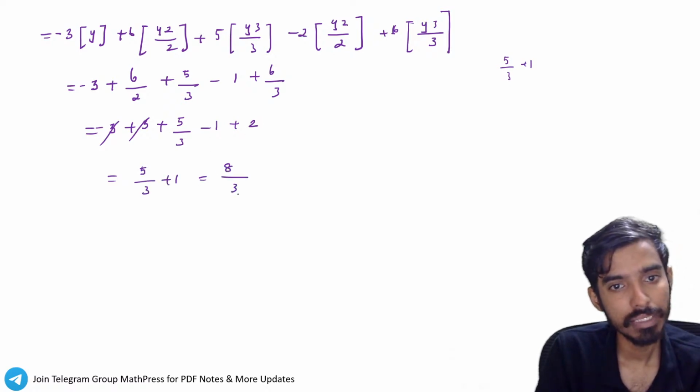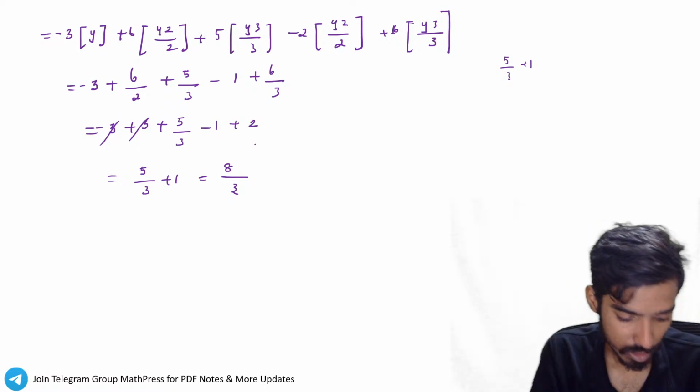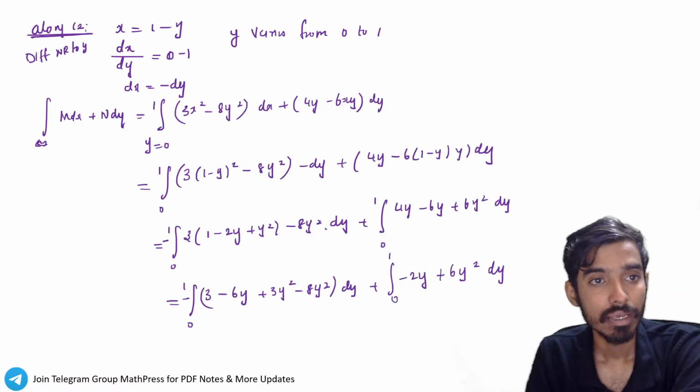So this will be 8 by 3. So 8 by 3 is our result along C2.